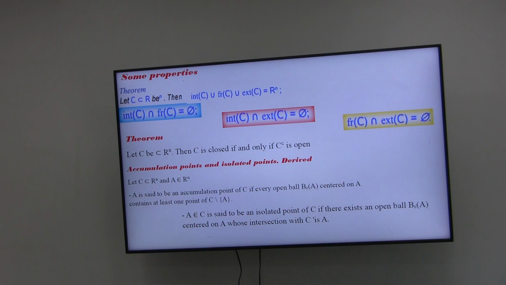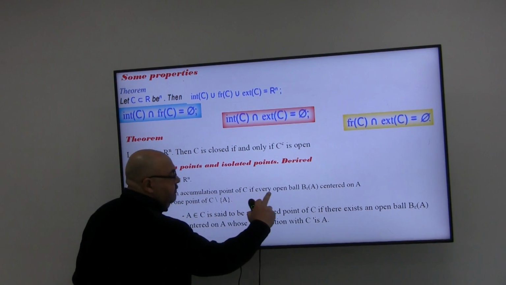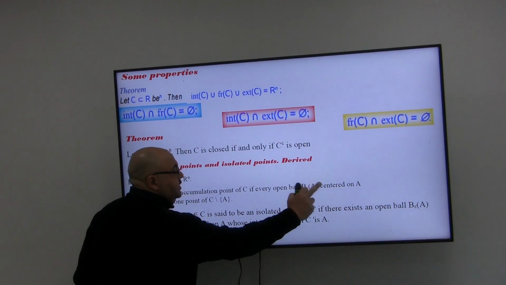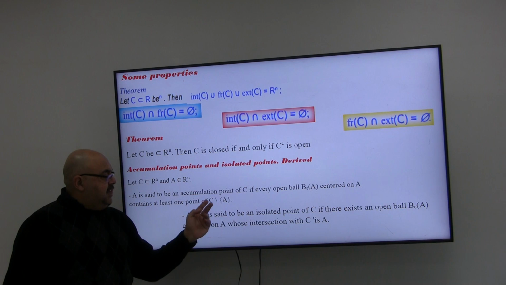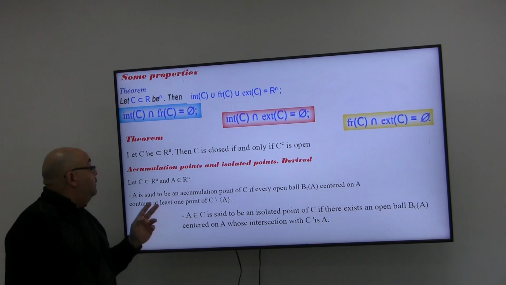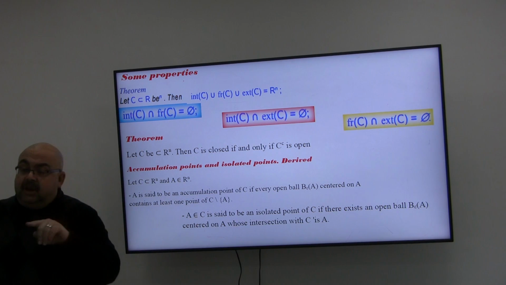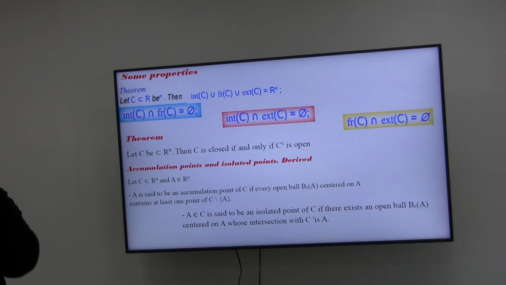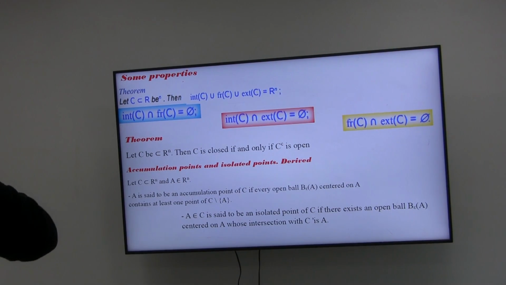Look, A is said to be an accumulation point of C if every open ball centered on A contains at least one point of C except A. So when can I say it is an accumulation point? If I draw a circle or an open ball, it will contain another point other than this point.